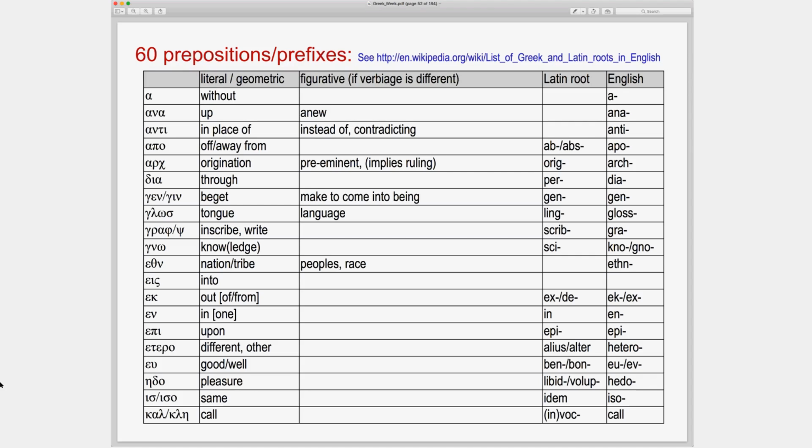So for example, let's look at arc, alpha, rho, chi. And so that represents origination, literally, and preeminence or ruling if it's figurative.